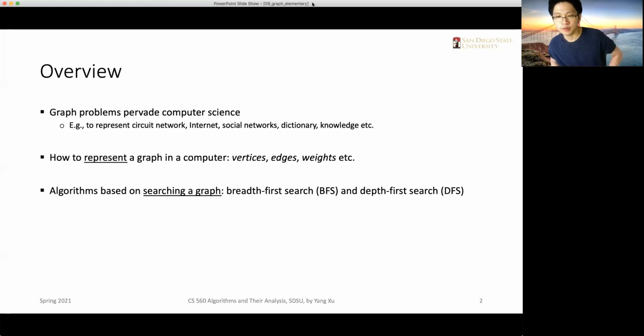So you want to visit all the possible vertices in a graph, and that will require some smart design that keeps track of the path you have visited, and you need to have a good strategy. For example, you can visit the most nearby vertices, right?